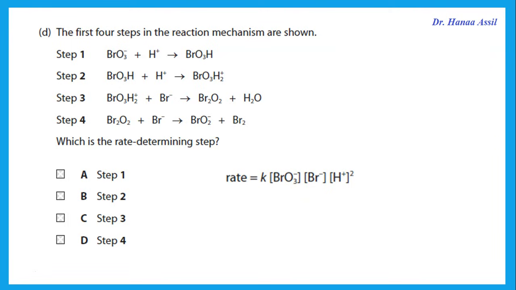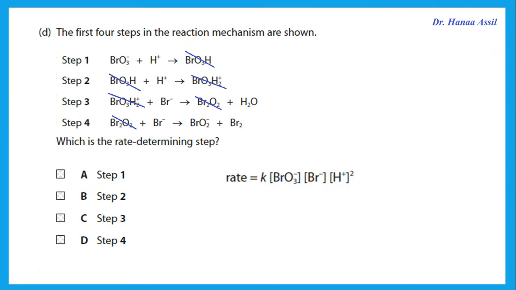So I need the rate determining step and those above it to include once BrO3 minus, once Br minus, and twice H+. Remember that if something is formed and then reused in the next step, then it is called an intermediate, and we can cancel all the intermediates.